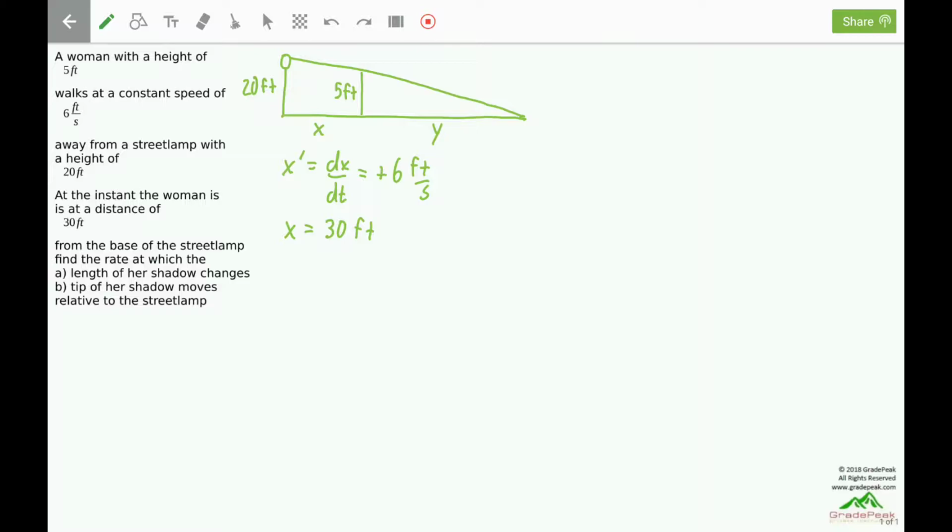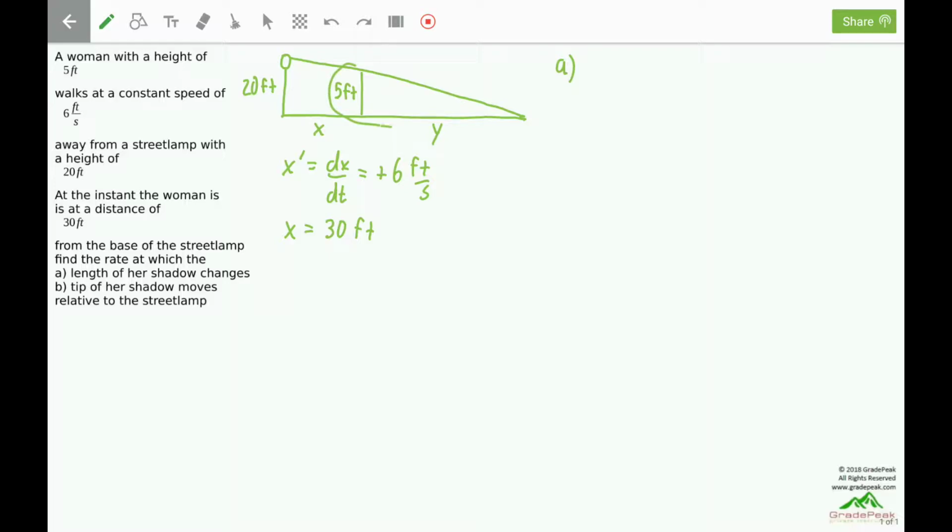For part A, we want to find the rate at which the length of her shadow changes. The length of her shadow is Y. So we want to find the rate of that, Y prime. We have X prime, so to find Y prime, we need to relate Y to X. Y and X are related by being on similar triangles here.